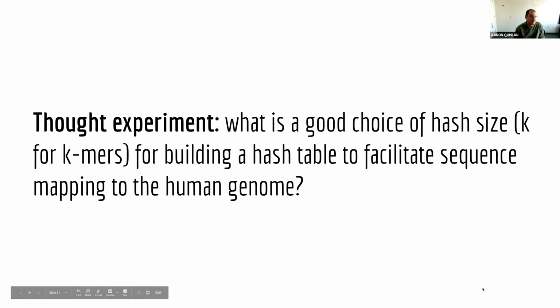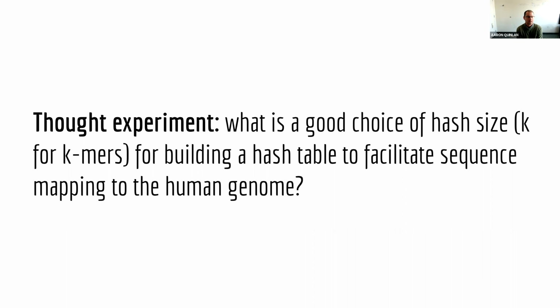K equal 4, I think, is 256. K equal 5 is maybe 1024, something like that. So one of the problems is figuring out what the optimal choice of k is, depending upon the composition of the reference genome.